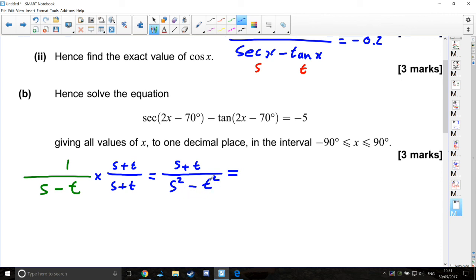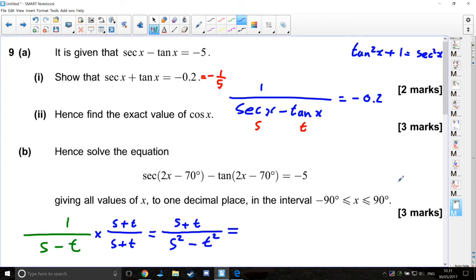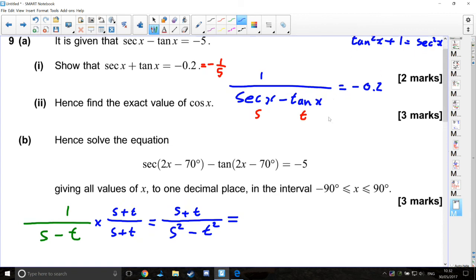This is minus tan squared x. So, funnily enough, we can actually get rid of this bottom because sec squared x minus tan squared x is 1, just by rearranging this identity up here.